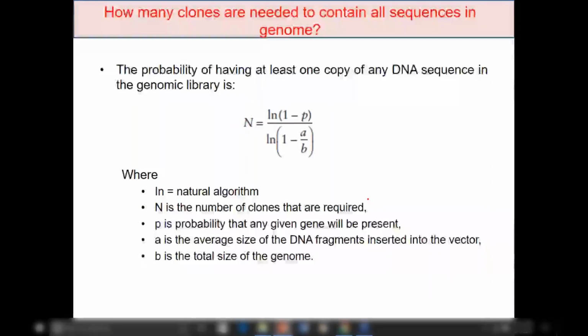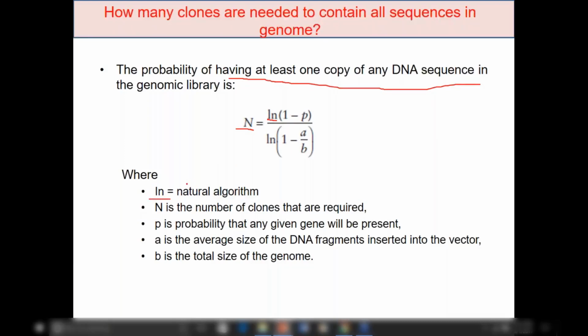There is a formula for that. This is the formula. Based on this, there was one question in the exam, very easy, very simple. Probability of having at least one copy of any DNA sequence in the genomic library: N is equal to ln(1 minus P) divided by ln(1 minus a/b). Here ln is natural logarithm.